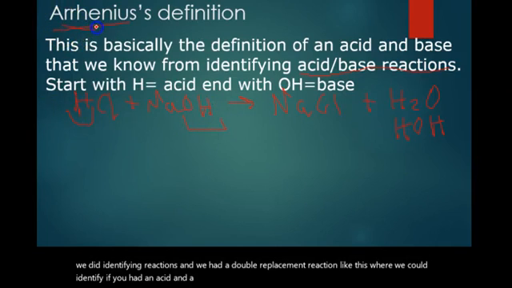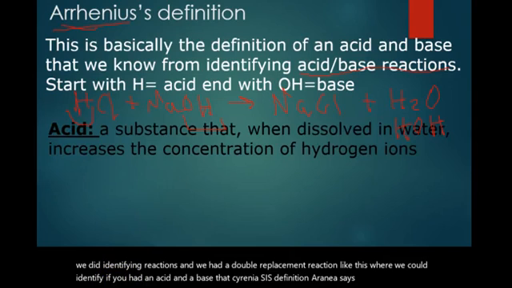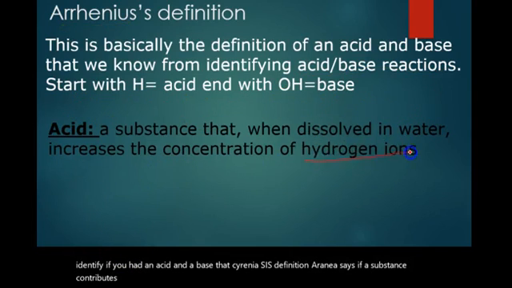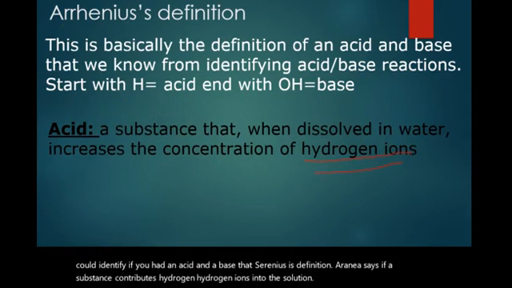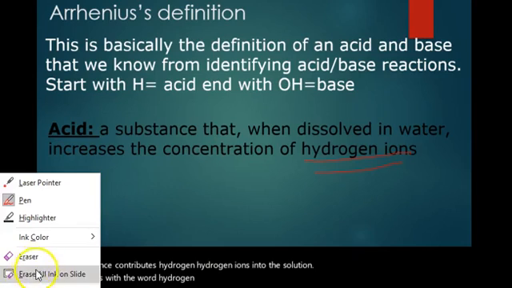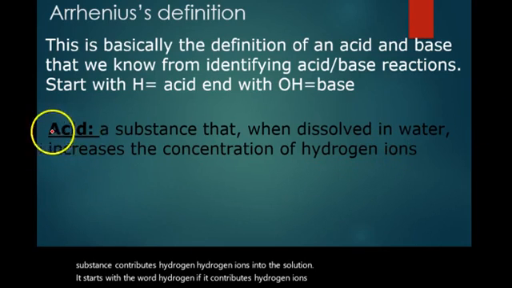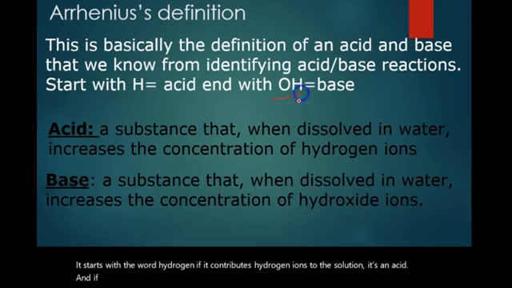That's Arrhenius's definition. Arrhenius says if a substance contributes hydrogen ions into the solution, meaning it starts with the word hydrogen, it's an acid. And if it increases the concentration of hydroxides in the solution, then it's a base.